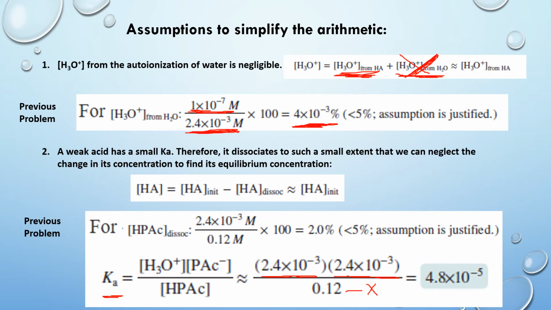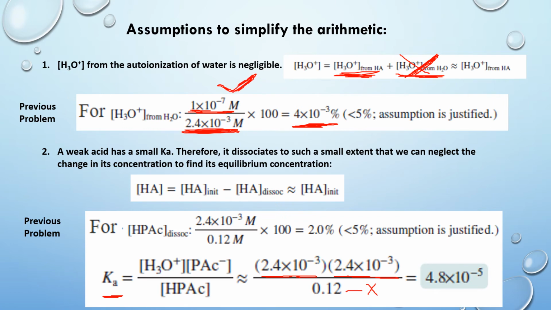So the amount of proton generated from water auto-ionization is much smaller than the amount generated from the acid. So we say this is a valid assumption. The first assumption is valid.